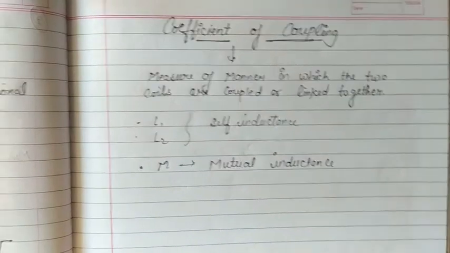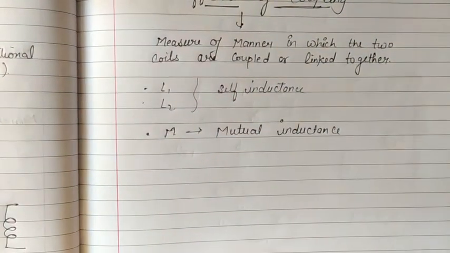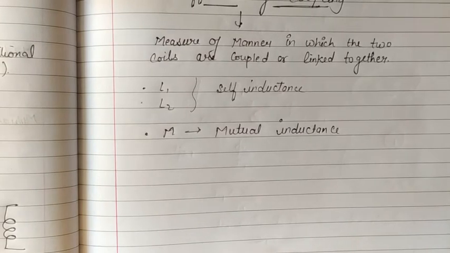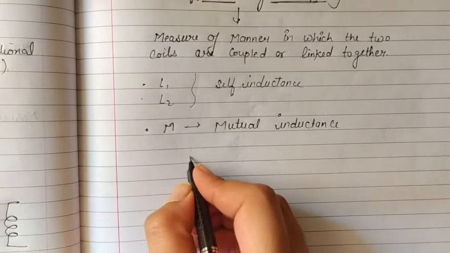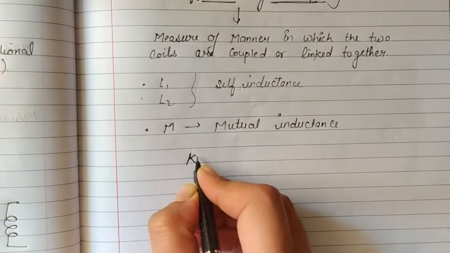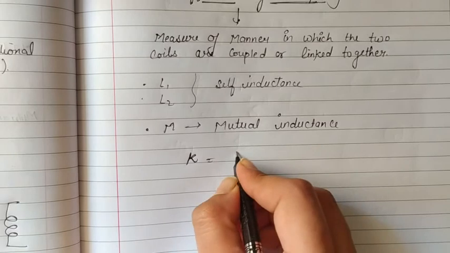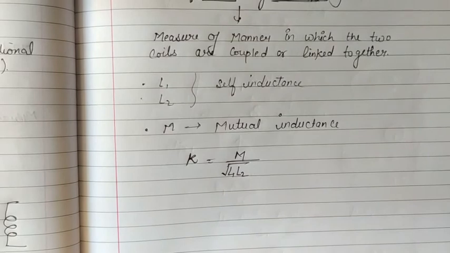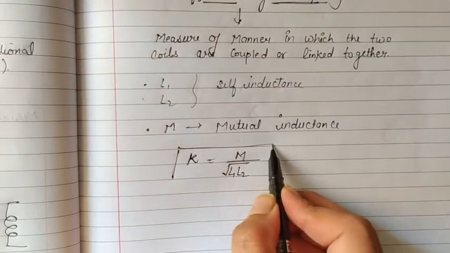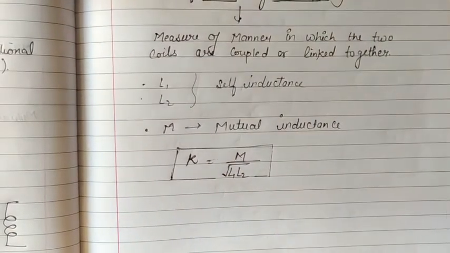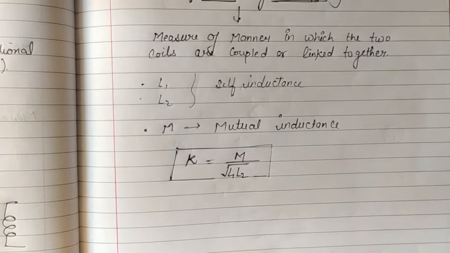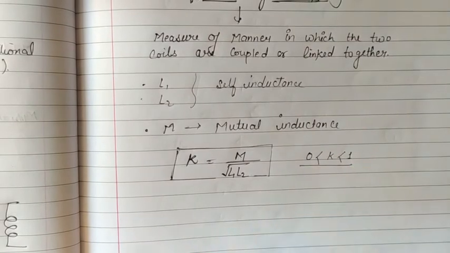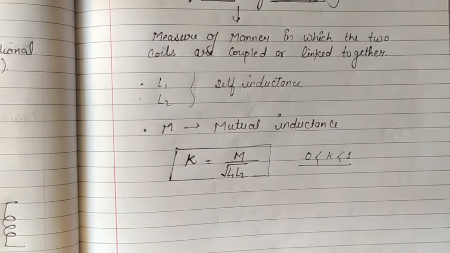These coils have L1 and L2 self inductance separately, and when they are coupled together, their mutual inductance is capital M. Then the coefficient of coupling can be given as K. K is the coefficient of coupling, and it's given as M upon under root L1 into L2. Okay, so K is equal to M upon under root L1 into L2. This is the value for coefficient of coupling, and K always lies between 0 and 1.